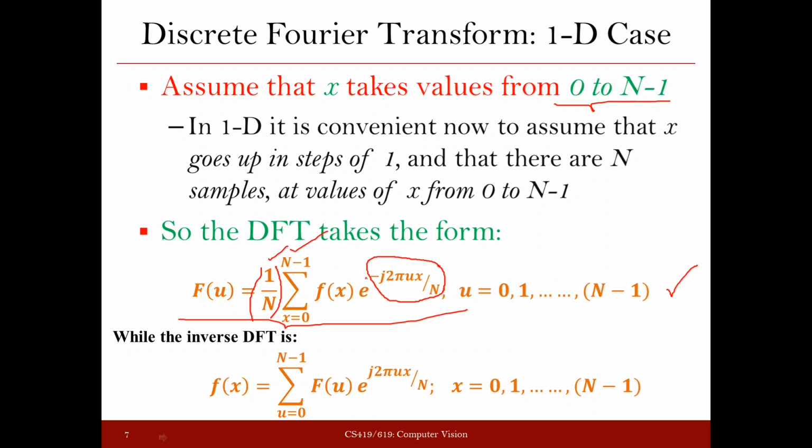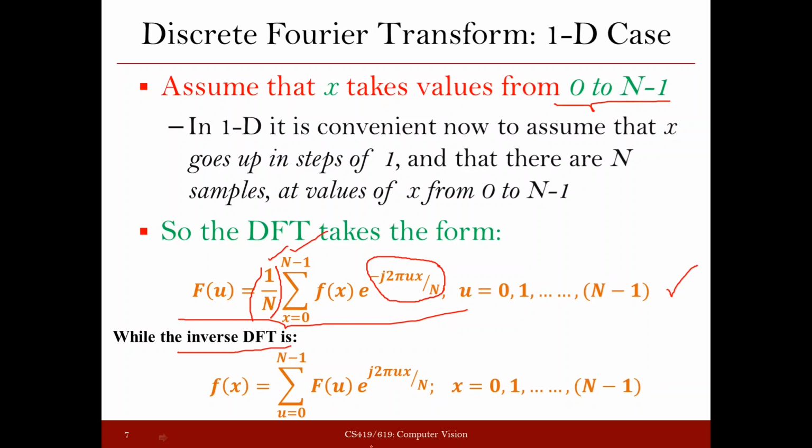Okay, its equivalent inverse DFT is given by this formula. From F(u) we are getting the original signal f(x), and f(x) becomes equal to summation u equal to 0 to n minus 1, capital F(u) e to the power j2 pi ux by n, and x is again going to take values from 0 to n minus 1.